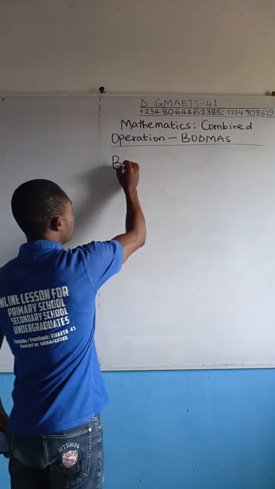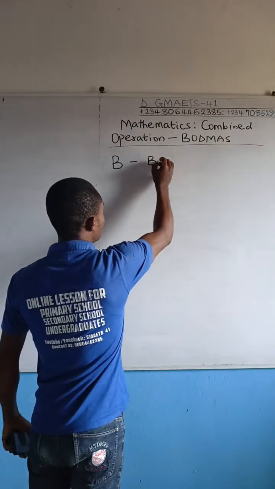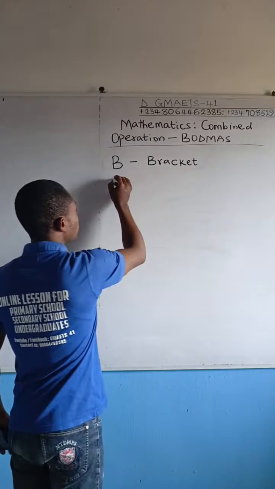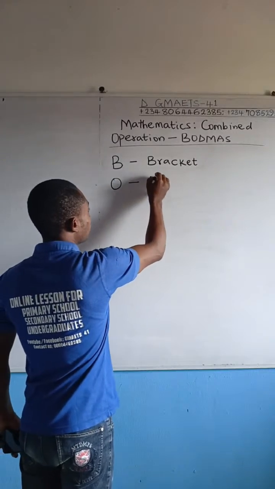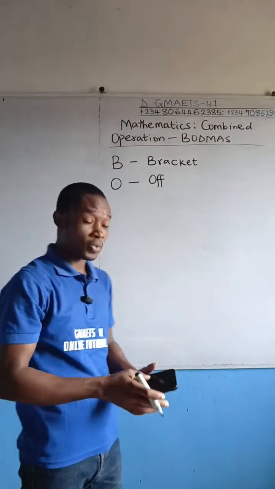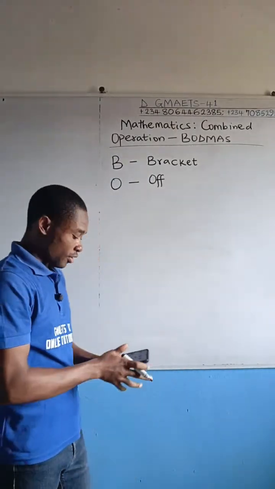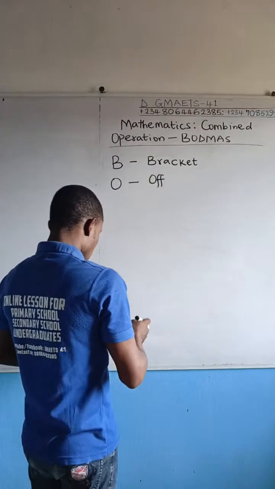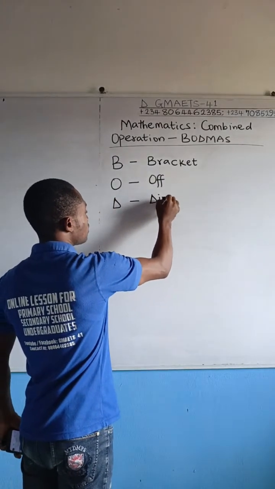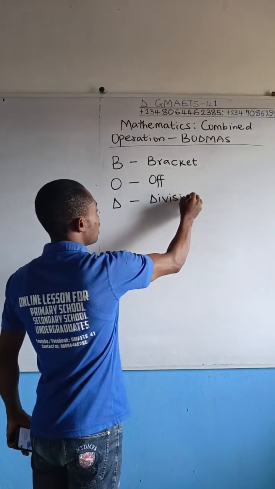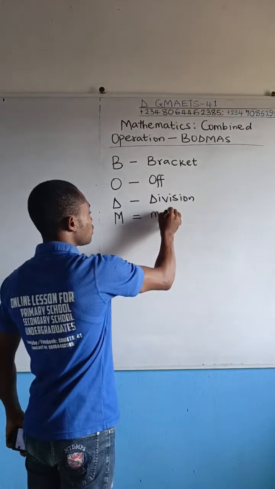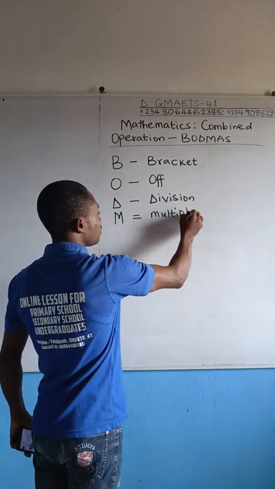B here means bracket. You want to take note of that, bracket. O means of, and this goes with the order of operation. Then we have D. D means division. And we have M. M is multiplication.